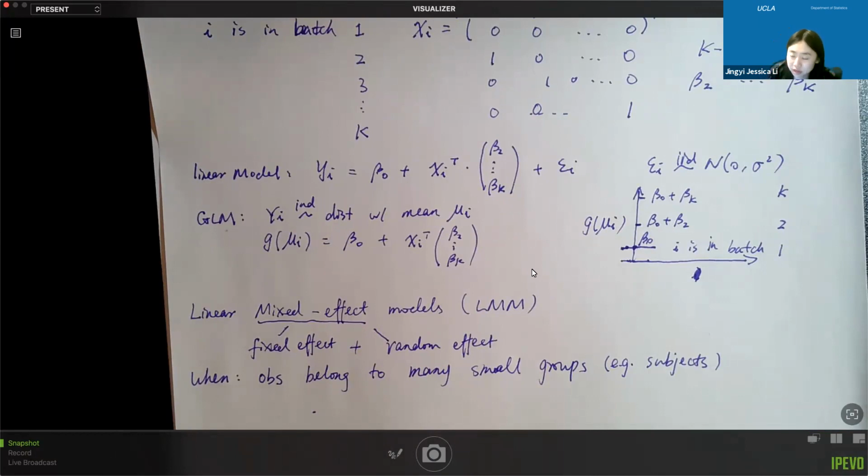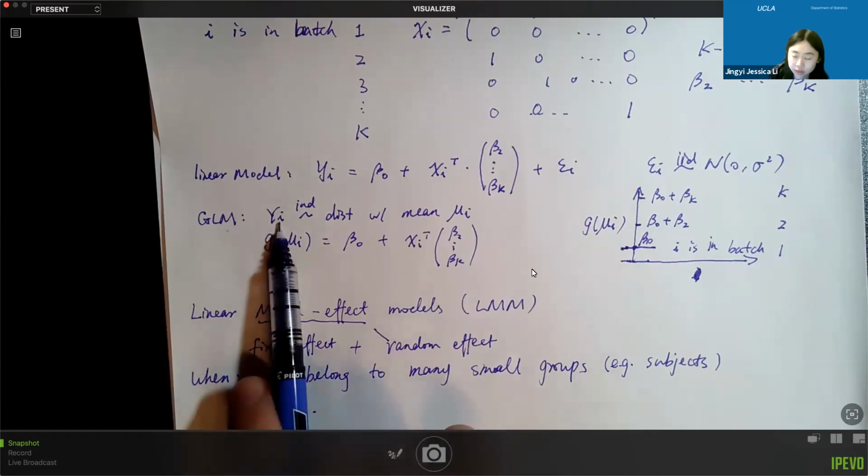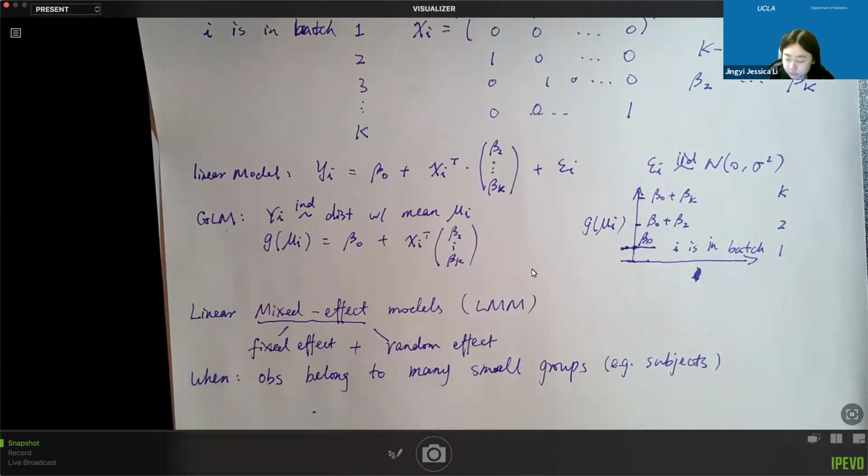So Y would be your clinical outcome, some continuous measurements, and X is a treatment, and you want to see how this treatment affects the response. But here you are measuring multiple people, and each person has multiple measurements. You definitely want to include the subject as a factor in your model, right? You don't want to leave that out, because the treatment may have a bigger response in some patients, but a smaller response in other patients. So we want to take that into account.